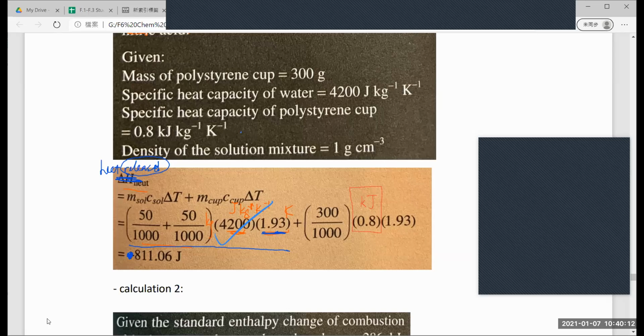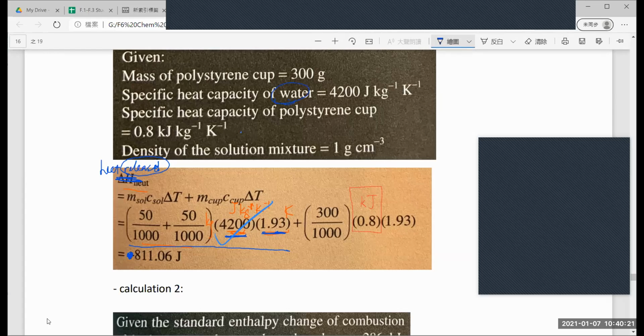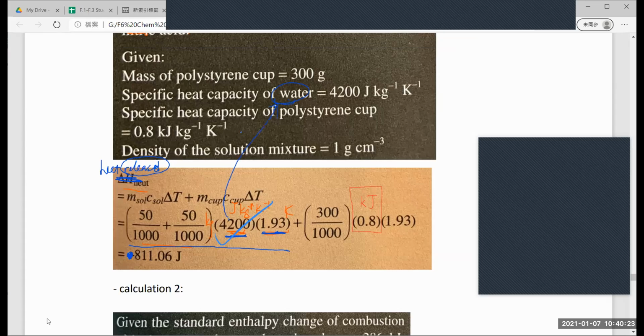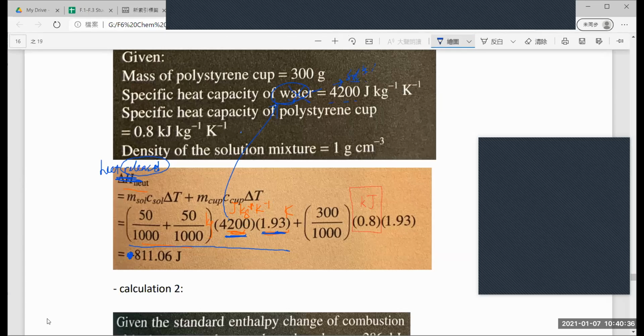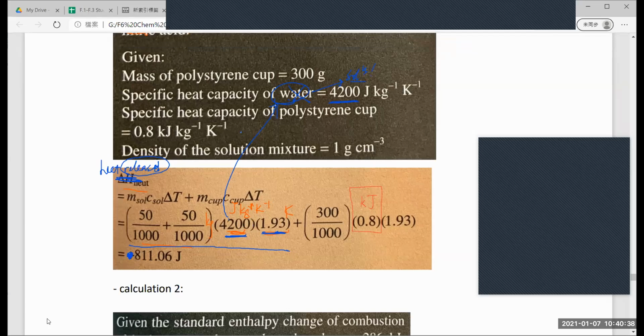The first half just comes from the assumption, right? They assume that the solution would have the same specific capacity as water. Can you see that? They have got just an assumption. So if it is a solution, I can put it here.